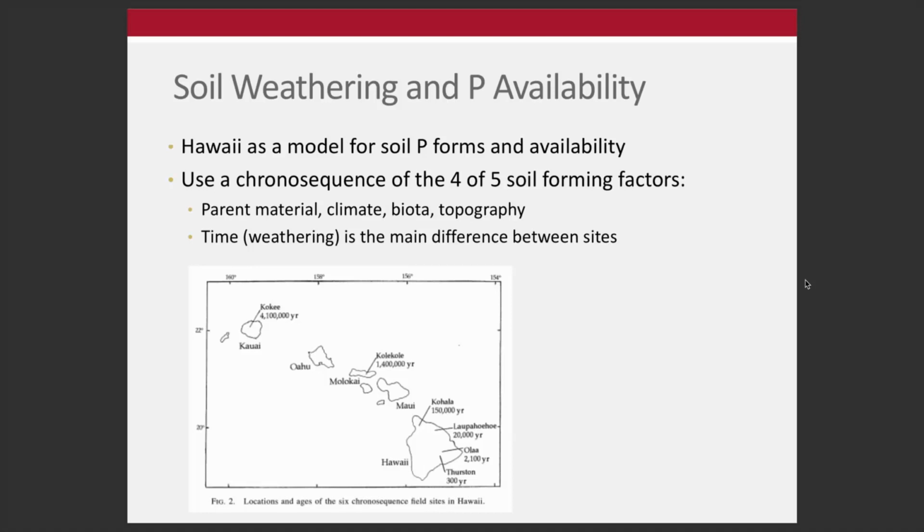Okay, if we think back to intro soils, the 5 soil forming factors from Hans Jenny: it's parent material, climate, the type of biology that's there, the topography, and the last one is time, how much weathering has occurred. These 5 things, right? The parent material of where it came from, the climate it's developed under, the types of plants and animals and soil critters that are there, how steep the slope is, and then this time or weathering piece.